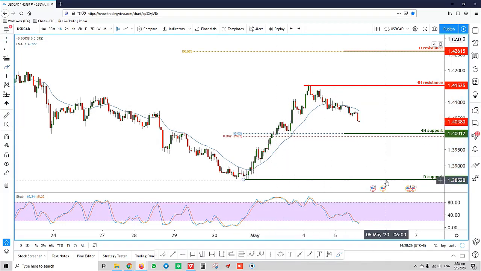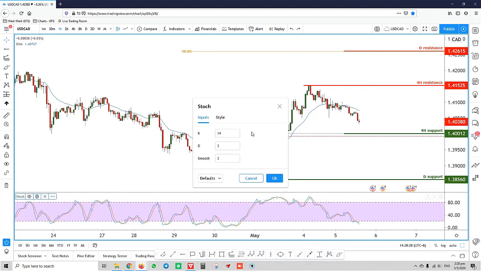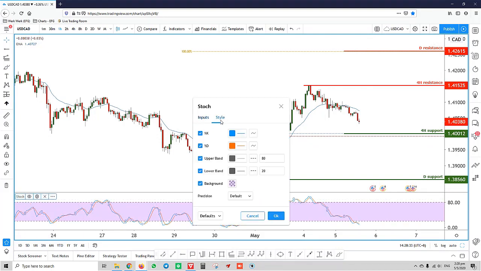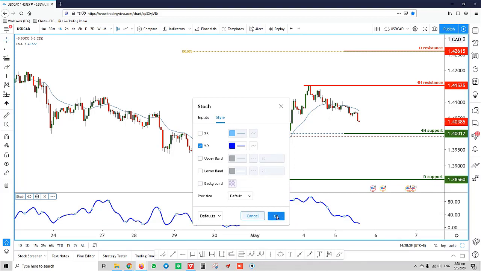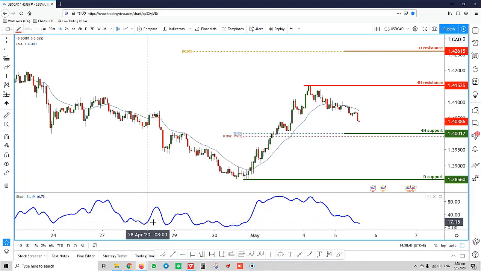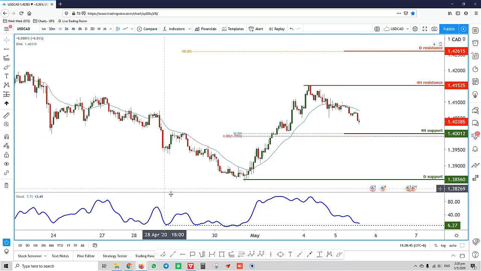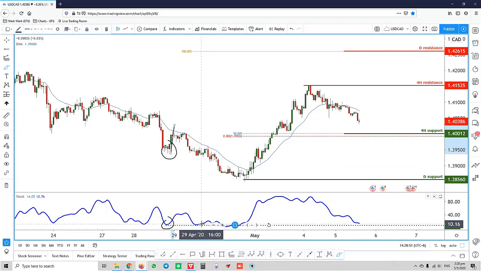However, one more thing to note is that stochastics, let me tidy this so it's easier to see, seems to be approaching a support level, right? We have intermediate support here. When price tested this level, stochastics was at this low and price reacted.